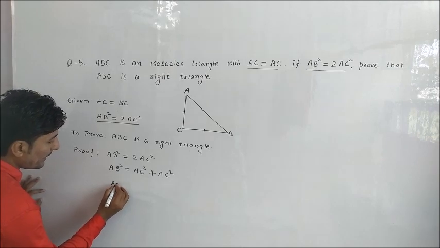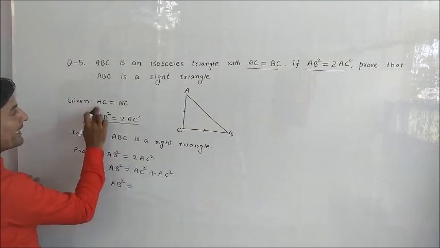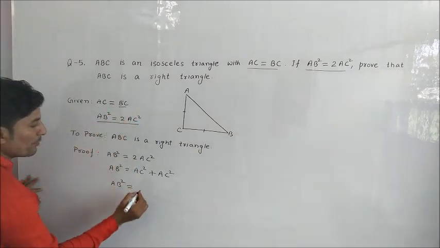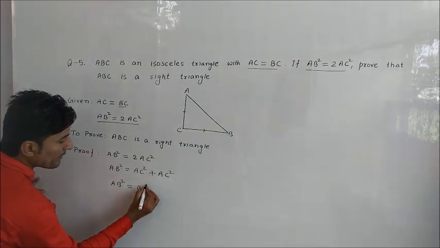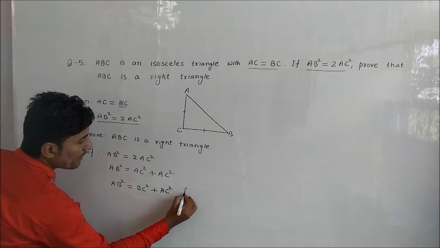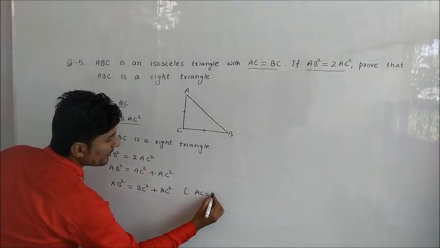After that, again AB square will be as it is, no change. In place of AC, we can write BC because AC and BC both are equal. So we can write BC square plus AC square, since AC is equal to BC.